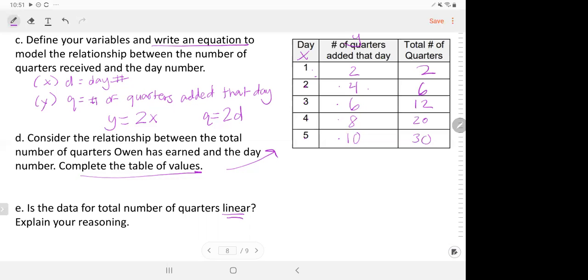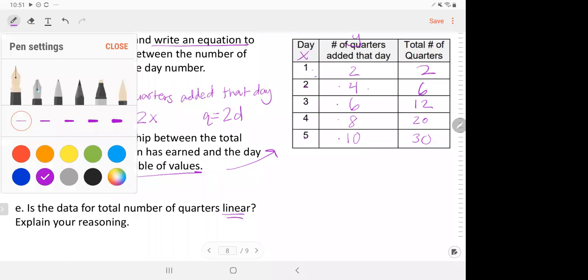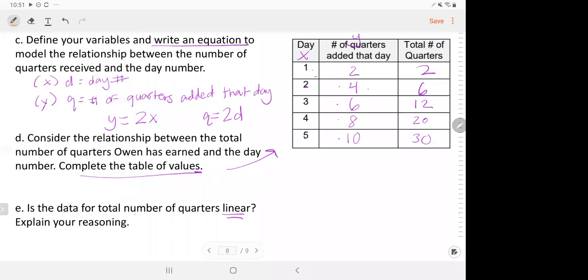But this is actually changing. And this question can be a little bit confusing because it's referring to something really specific. It's saying, is the data for the total number of quarters linear? So we're not actually looking at this one. We're looking at this column right here to see if that's linear.